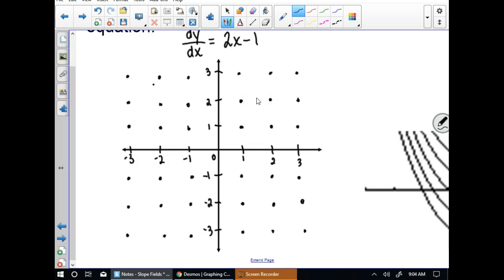It's okay if you just go to positive 2, negative 2, because these take forever to draw if you make them too big. Instead of grid lines, I have little dots at all the places the grid lines would intersect. That's what it will usually look like if you're doing a slope field.